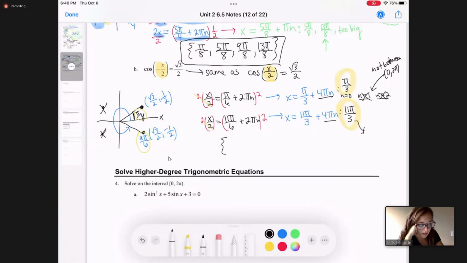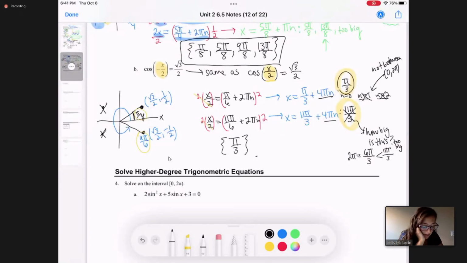Is it bigger or smaller than 2 pi? 2 pi in terms of thirds would be 6 pi over 3. 11 pi over 3 is way bigger, so it's too big. It's actually not an answer. Our only answer in this case is pi over 3. So there's only one solution in this particular problem.